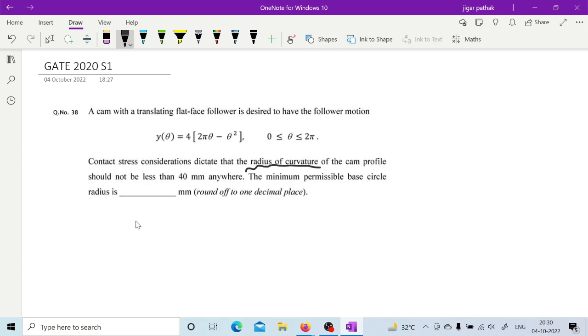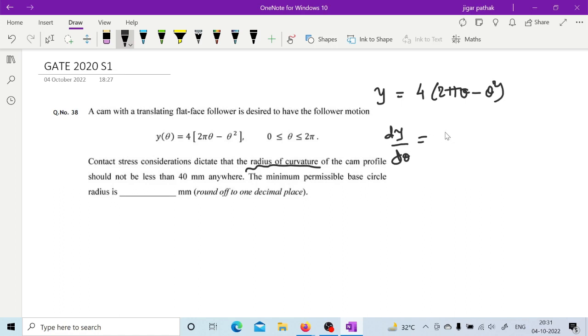So here y is given as 4 into 2 pi theta minus theta square. The slope is dy by d theta, as we have seen in the geometrical derivatives.